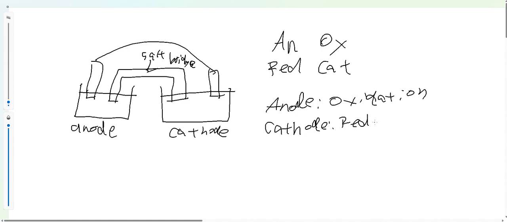That's the red. So, what you can always remember, An Ox, Red Cat: the anode has oxidation, reduction happens at the cathode. It's dumb, I know. But what really happens is your brain remembers the dumb things. So, this will help you ace your AP exam, which isn't meant to be aced.